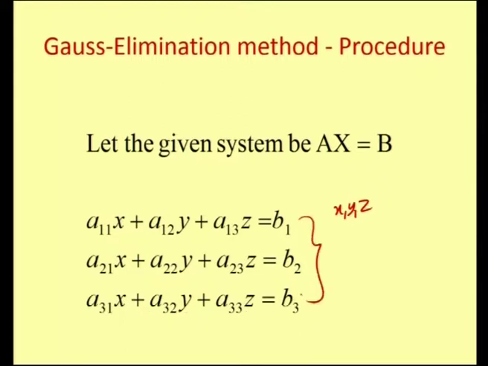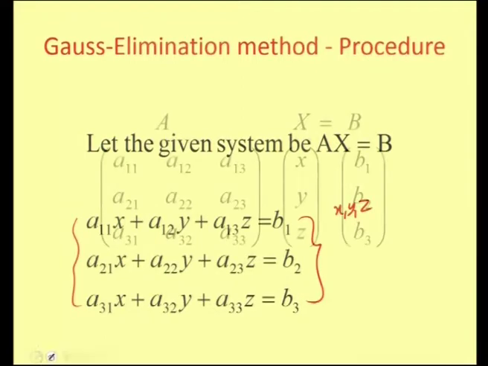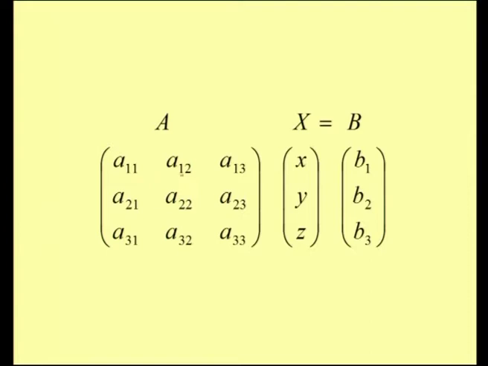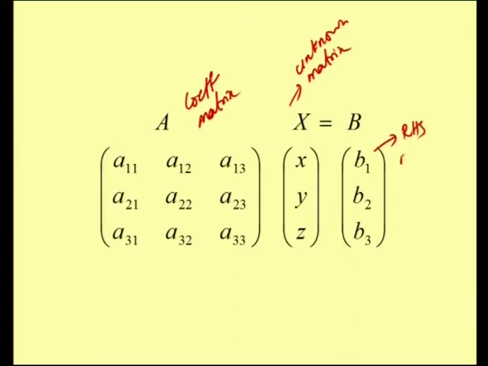So, this is a linear system of 3 equations in 3 unknowns, where a11, a12, a13 and so on form the coefficient matrix, X is the unknown matrix and B is the right hand side column matrix.